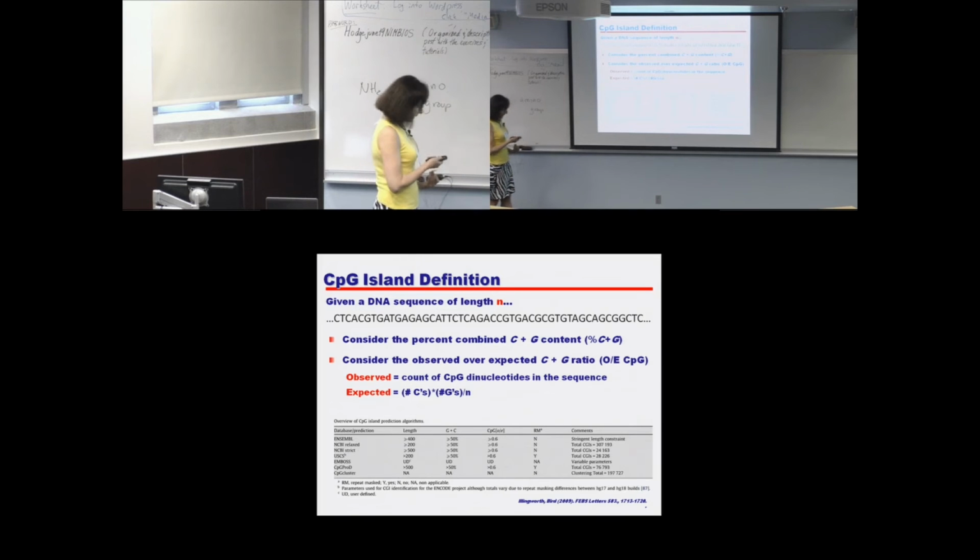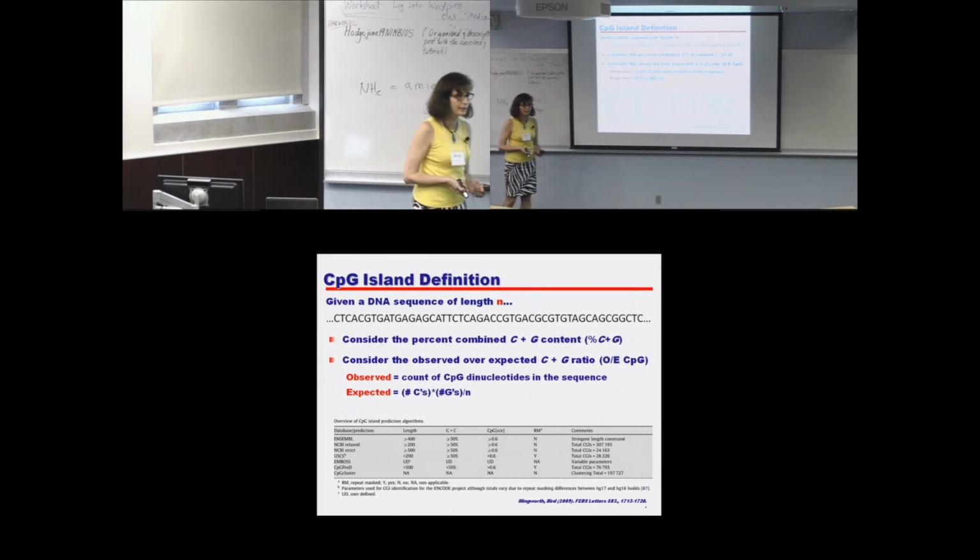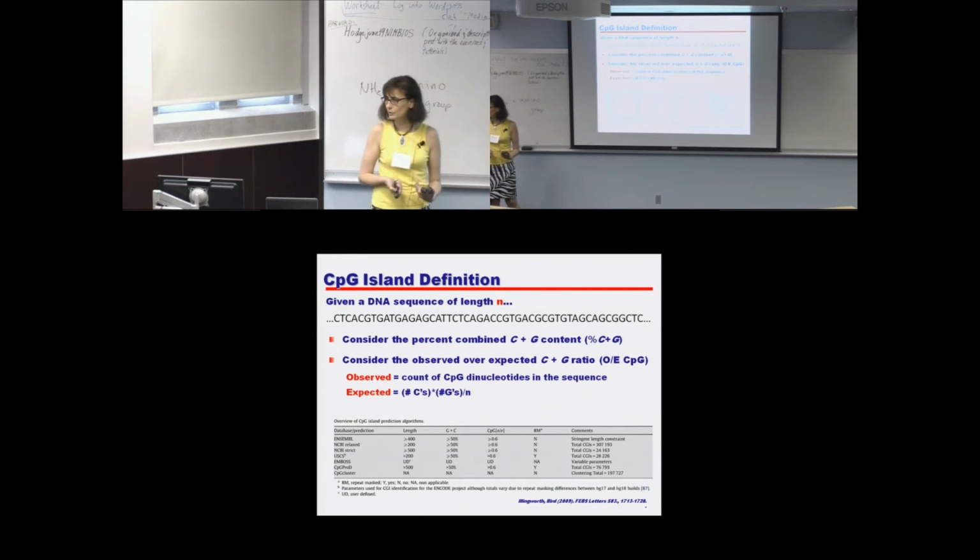And you have a bunch of commercial products that you give a sequence, and they will give you locations of islands. Just a few of them are listed here. In the package that you'll download with all the materials, there are a few papers that make references to those, but if you Google them, you'll get right to the site. And these are the cutoffs that they use.